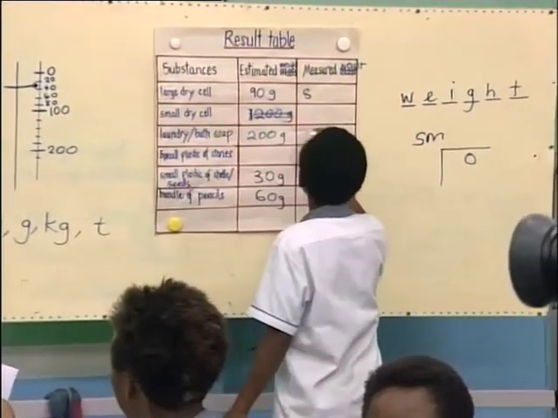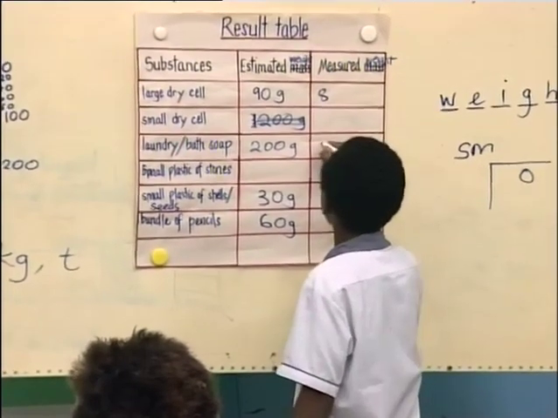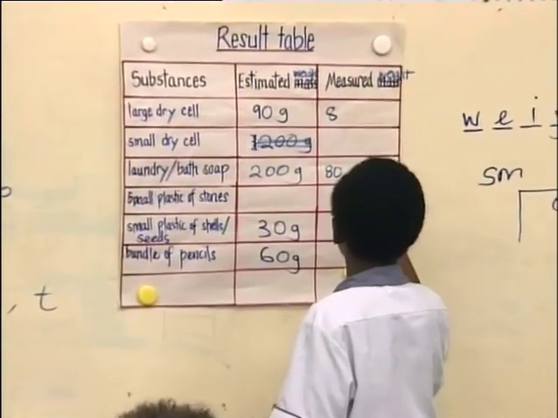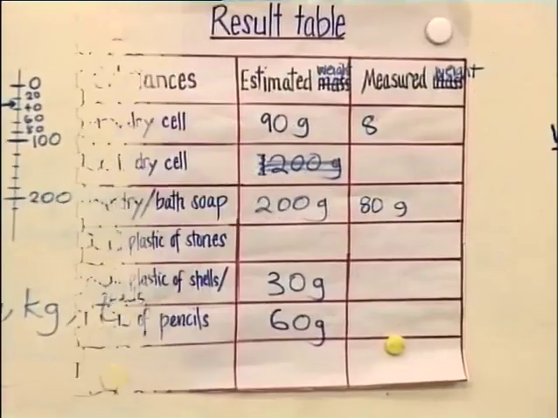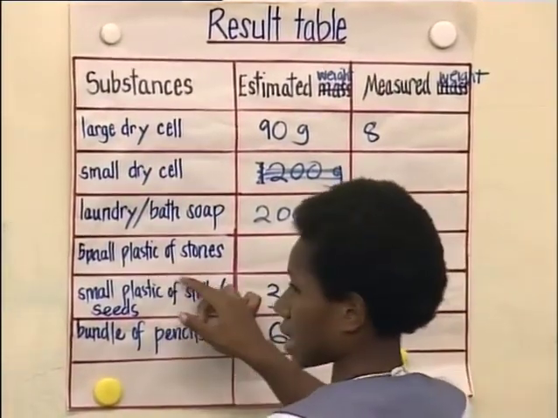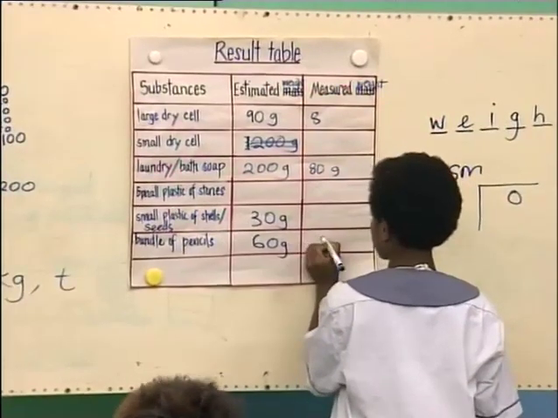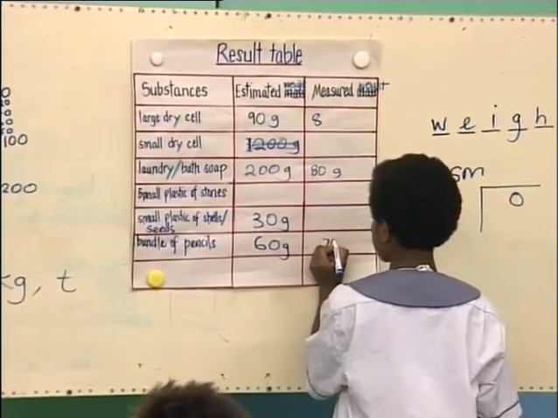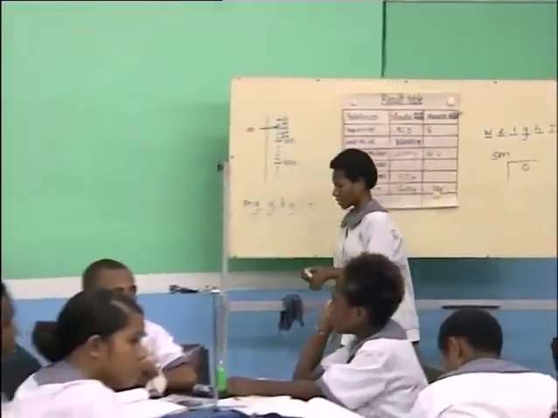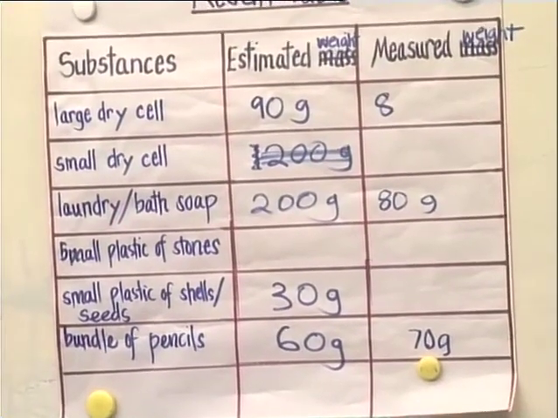The next group there, you are going to write the weight of the bundle of pencils. That group there, you will come up with the weight of the shell that you have used to measure. Thank you. Next group, quickly.